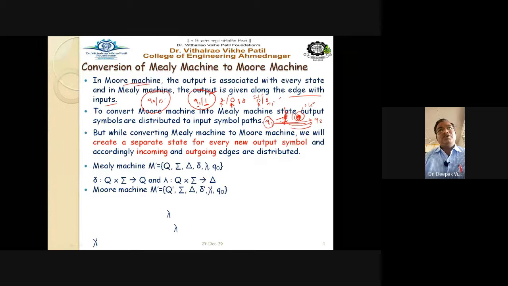So to convert the Moore machine into Mealy machine, the machine state output symbols are distributed to the input symbol path. But while converting from Mealy machine, now what we have to convert? We have to convert the Mealy machine, meaning this particular machine, to the Moore machine. We will create a separate state for every new output symbol, and the output symbol is nothing but your capital delta.